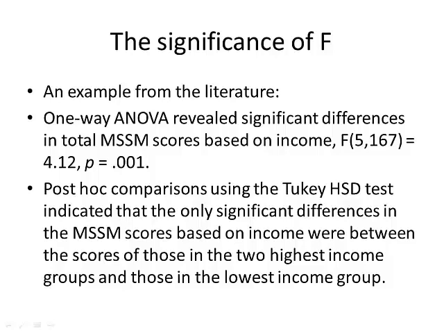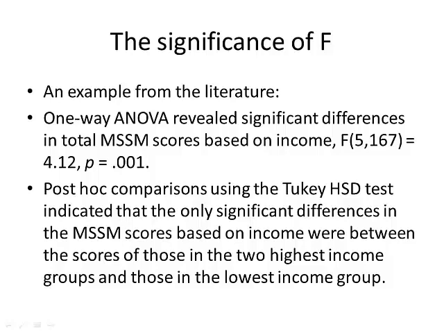We use the Tukey in this case, and so our statement was post hoc comparisons using the Tukey HSD test indicated that the only significant differences in the scores based on income were between the scores of those in the two highest income groups and those in the lowest income group. So this tells us that there were some significant differences between groups, but there were also some groups that were not significantly different from each other.